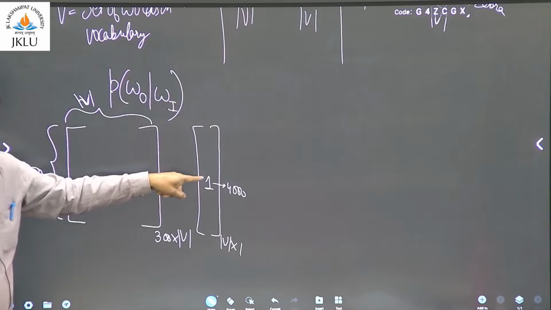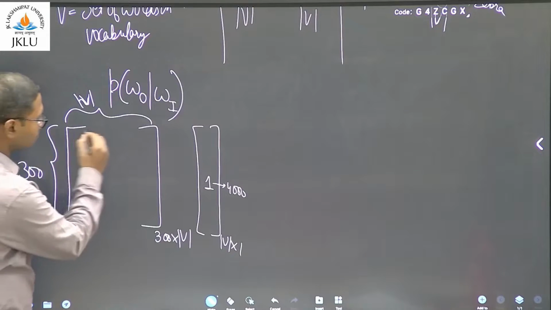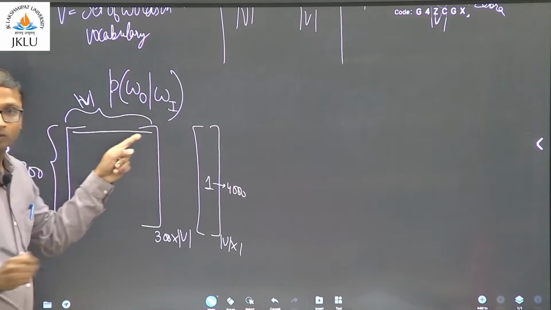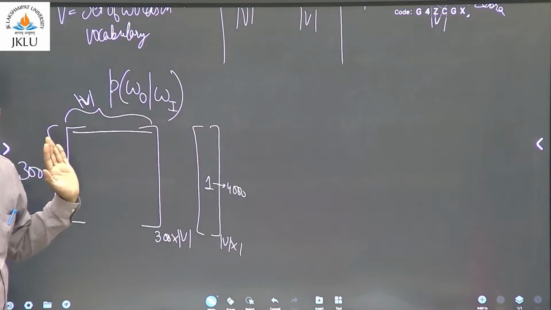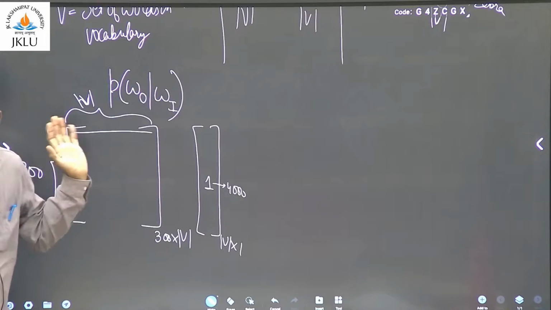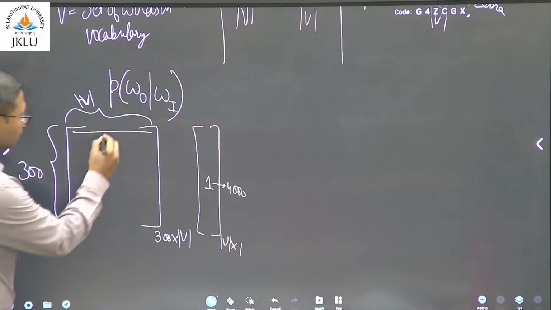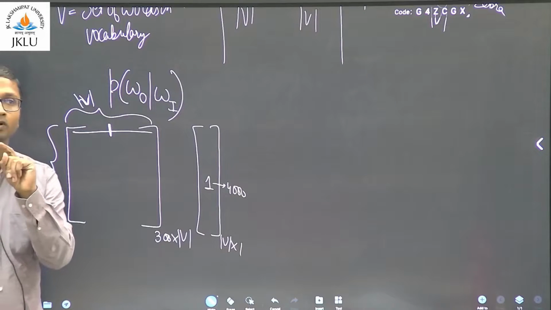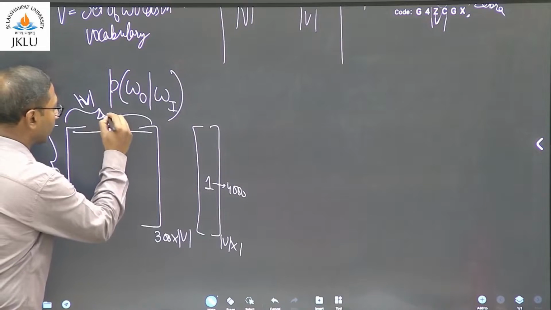So which part will get multiplied with this? See, this whole thing goes, right? And all this matrix is non-zero. Of course, if some things are 0, they are 0, but in general this is non-zero. So this element here, which one? Where one? 4000, right? So the 4000 column.